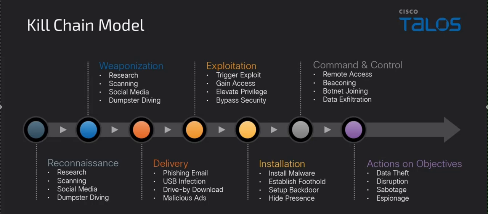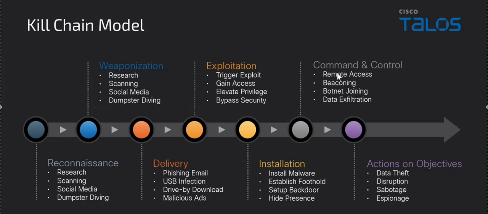But the bad news about this kill chain model is that if the attacker fails in exploitation and initial access, those three stages, reconnaissance, weaponization and delivery, will be debunked.